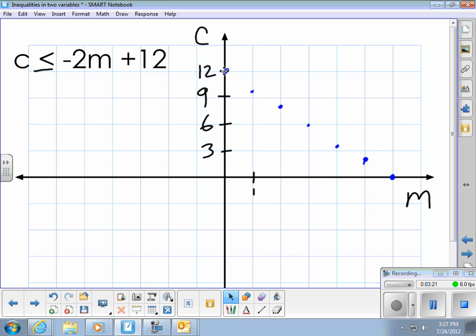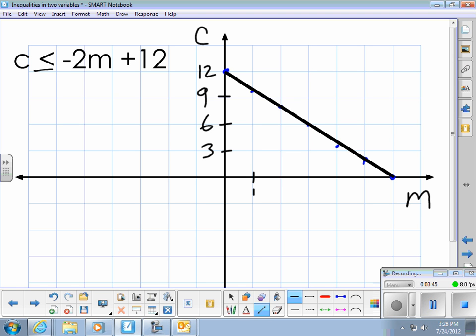But this one doesn't say equals, it says less than or equal to, because it could be equal to $12 because we're going to ignore tax. Let's go ahead and use a straight line tool that's solid, but let's not go into the negative regions of either cheeseburgers or McFlurries.